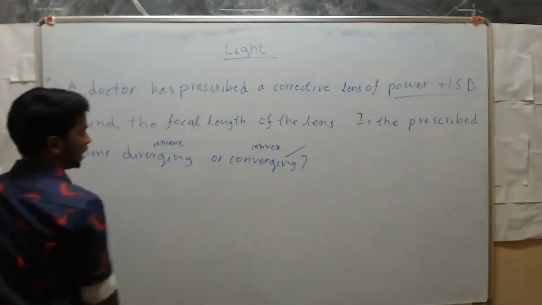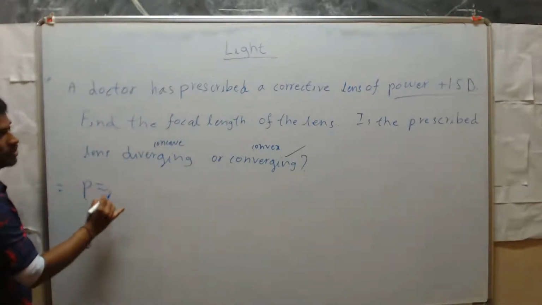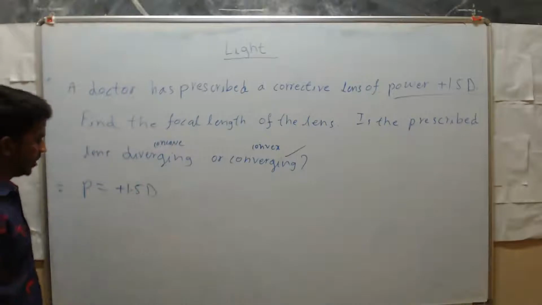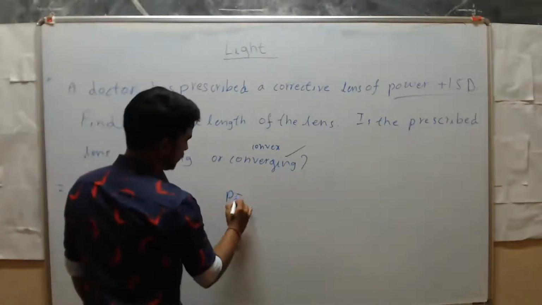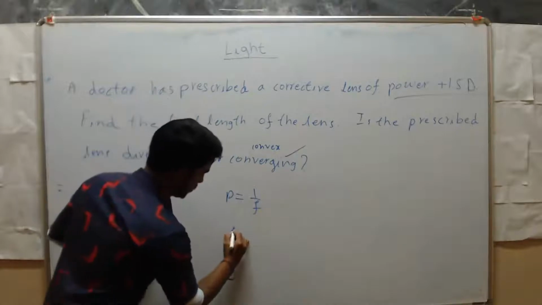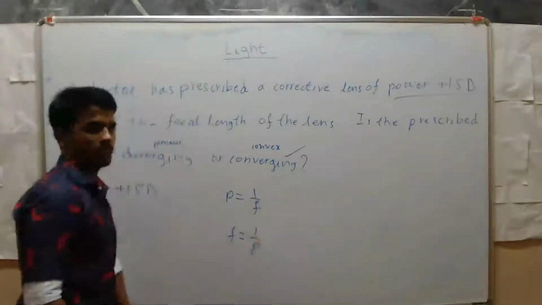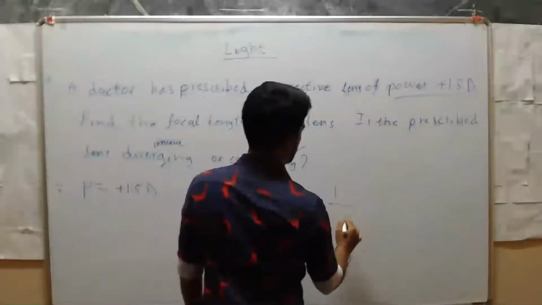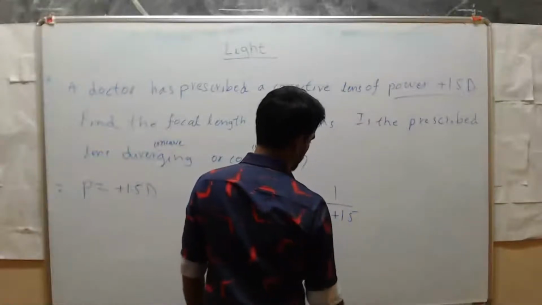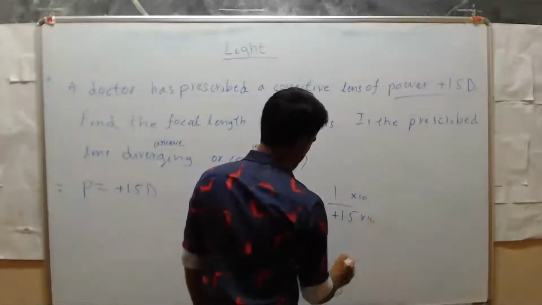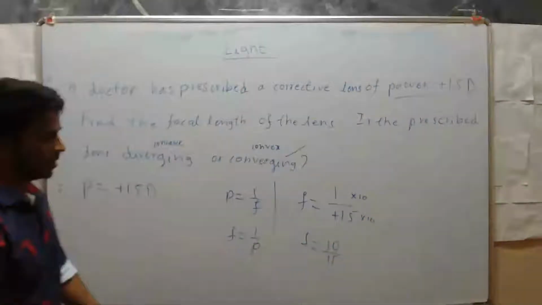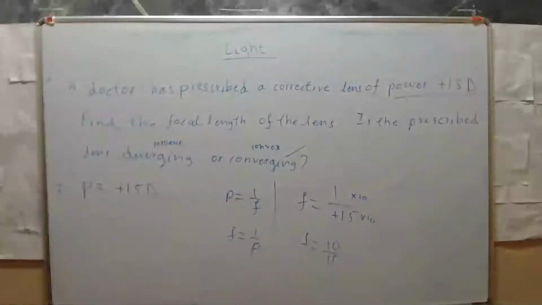Now calculate the focal length. We have given power P equal to plus 1.5D. We know the formula P equal to 1 by f, or f equal to 1 by P. Substituting the value, f equal to 1 by 1.5. Multiply and divide by 10, so we get f equal to 10 by 15.